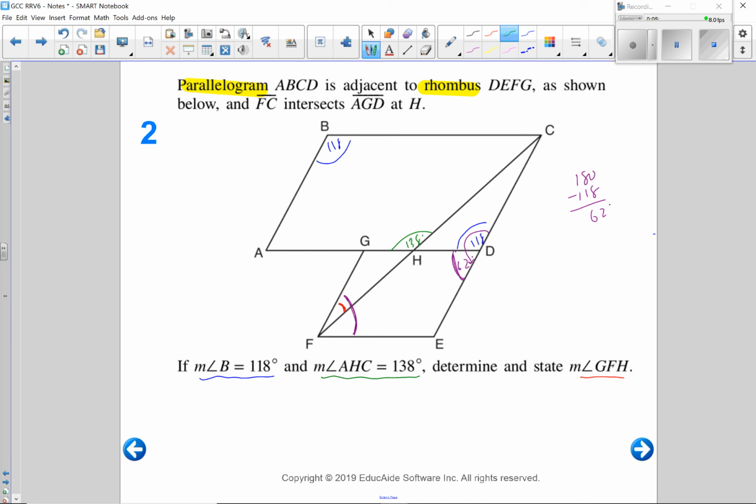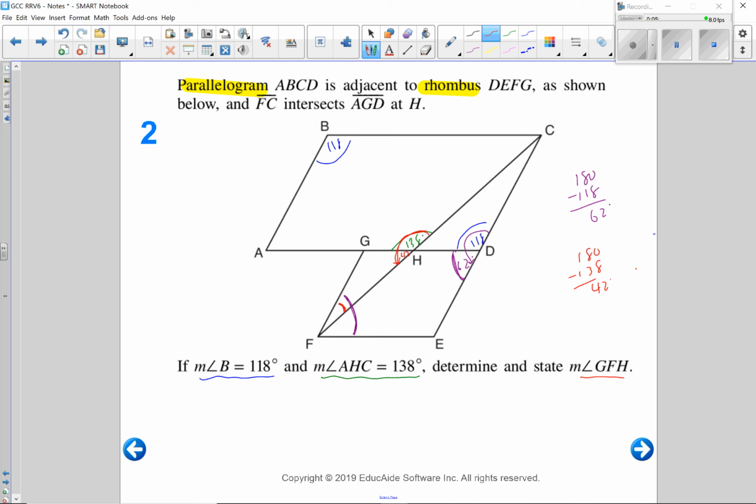So with that being said, I can utilize, again, the fact that I have another supplementary angle here of 138. So if I do 180 minus the 138, that gives me 42 degrees. So now I know that this is 42 degrees.